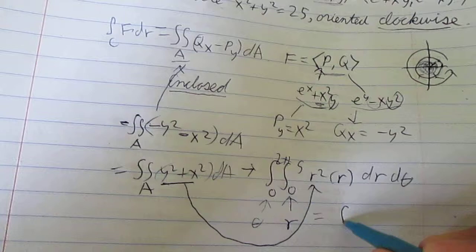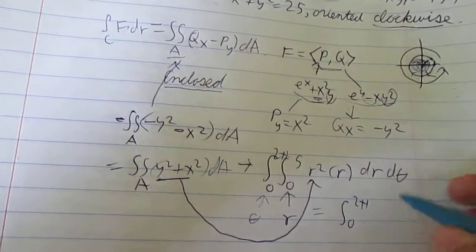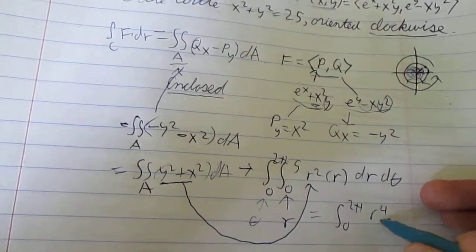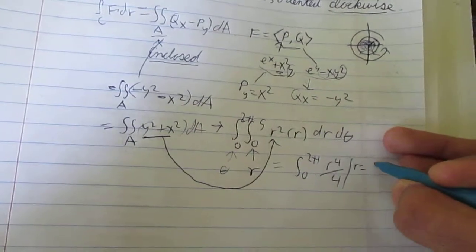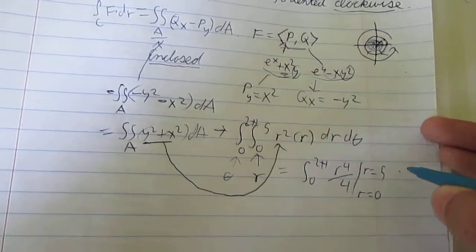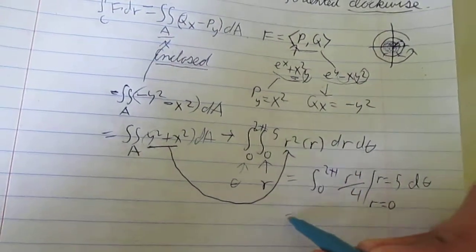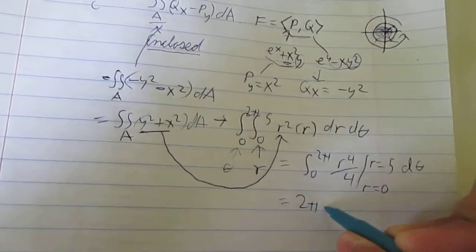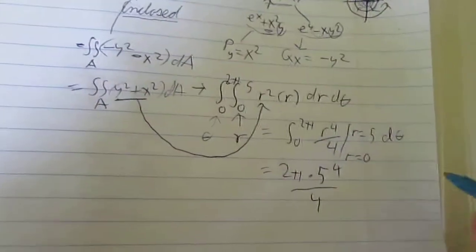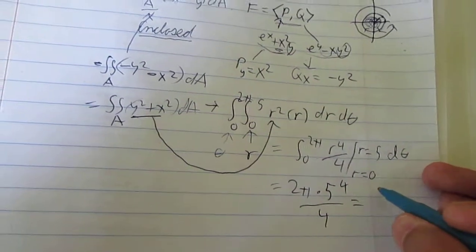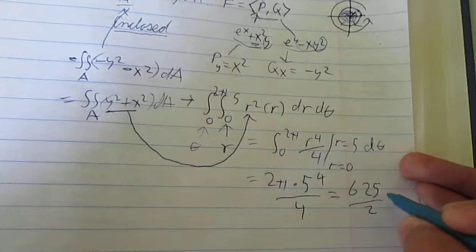We have r cubed, so we take r to the 4th over 4, integrated from r equals 0 to r equals 5, d theta, which is equal to 2 pi times 5 to the 4th over 4, which, if you do the math, is equal to 625 over 2 times pi.